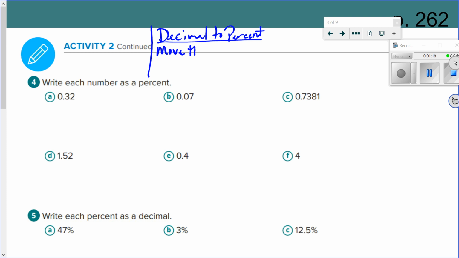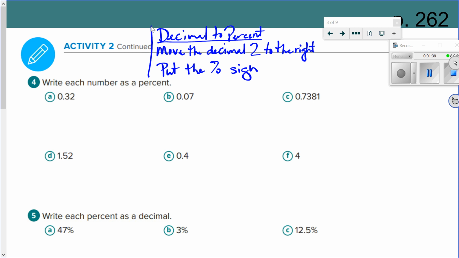Move the decimal 2 to the right. And then I put the percent sign. It's literally all you got to do, guys.